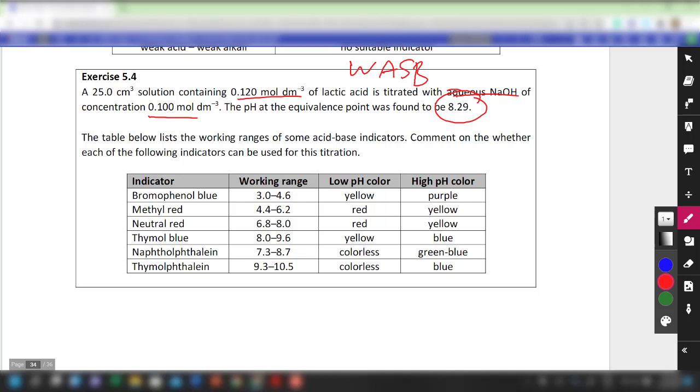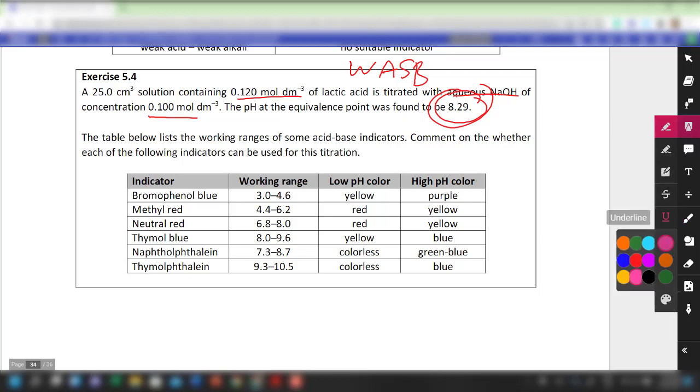So equivalence point is above 7. Okay, so because it's a weak acid, strong base titration, and if you look at the working range, for bromothymol-blue, it doesn't coincide. Okay, so no good. Methyl orange doesn't coincide as well, so no good. Neutral red doesn't coincide, so no good.